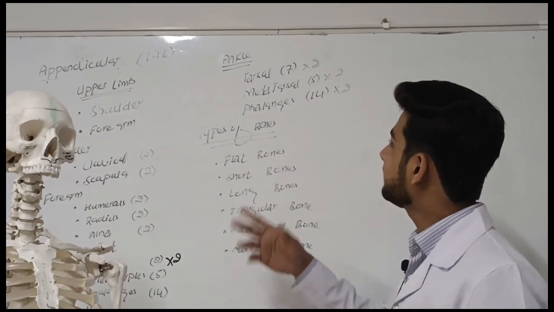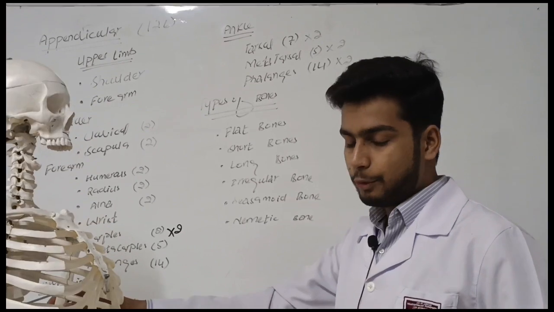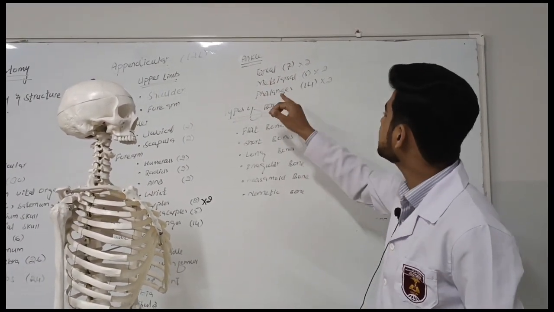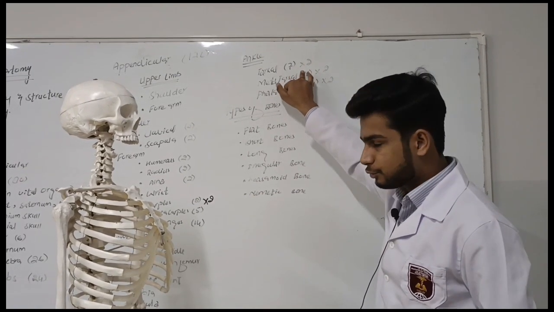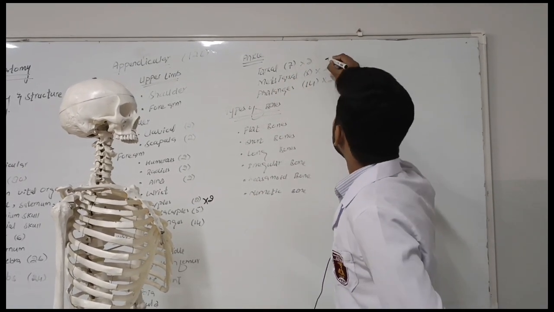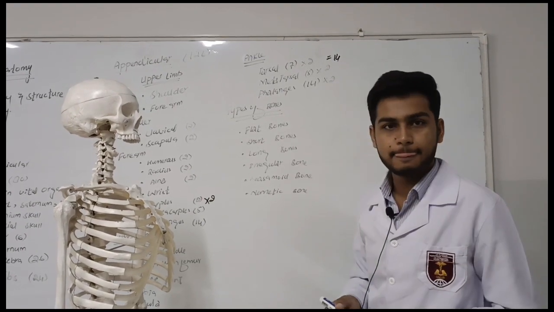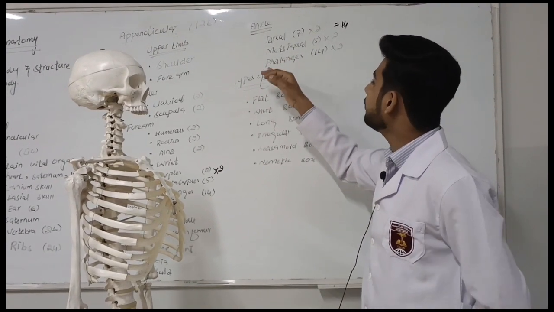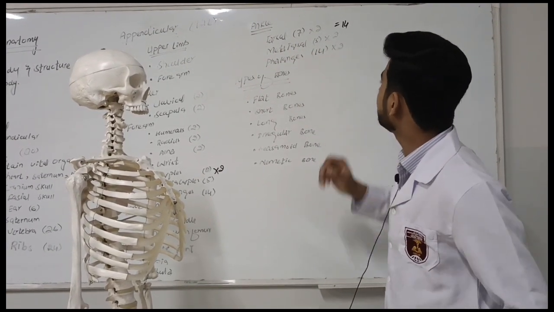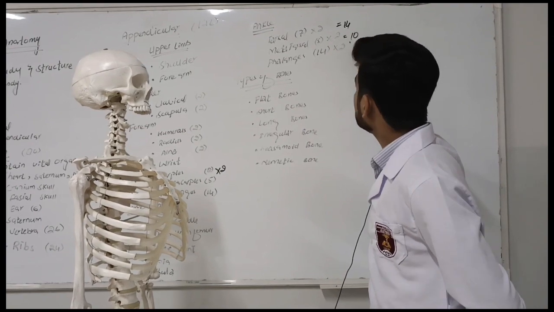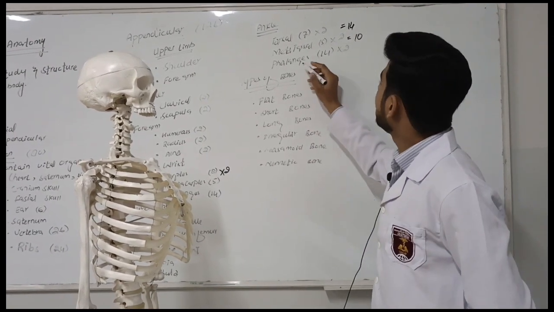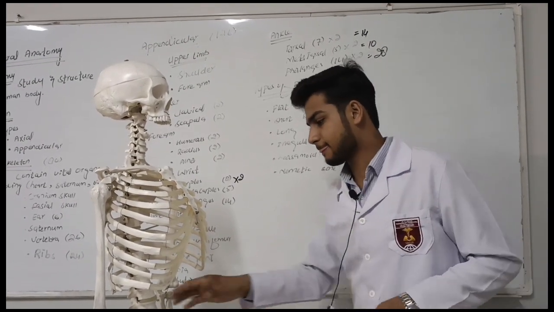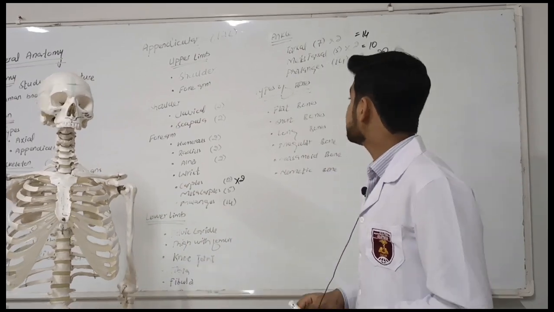If we multiply the tarsals, because the bones are in pairs, 7 multiplied by 2 is equal to 14 tarsal bones. Now metatarsals: 5 multiplied by 2 is equal to 10 bones in our two legs, and phalanges 14 multiplied by 2 is equal to 28 phalanges.